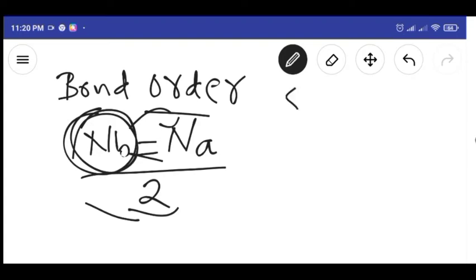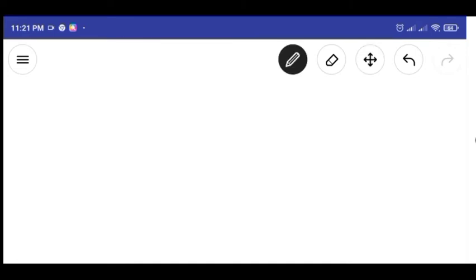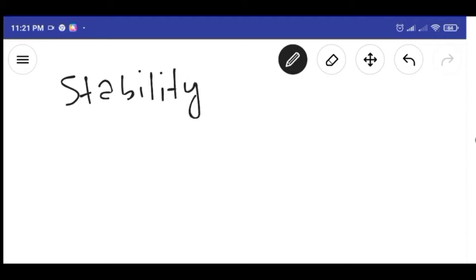So what is the significance of this bond order? From bond order we can understand certain matters about a molecule. For example, stability. We can predict the stability of a molecule based on bond order.